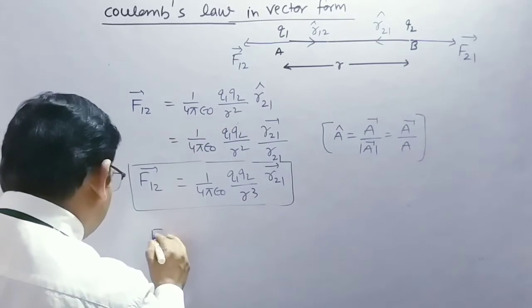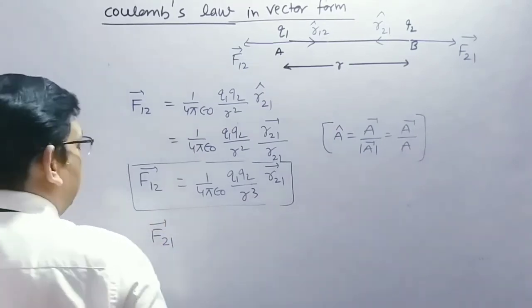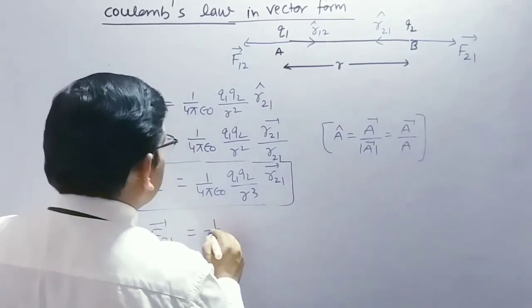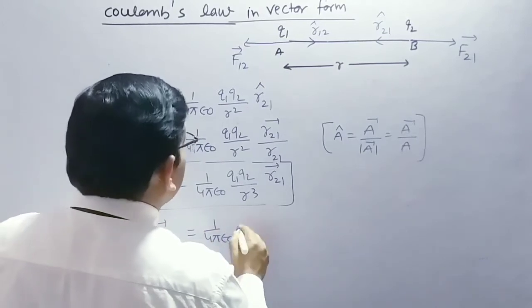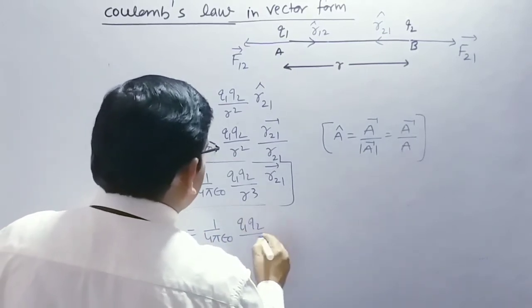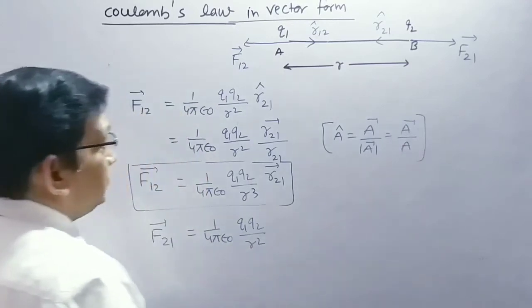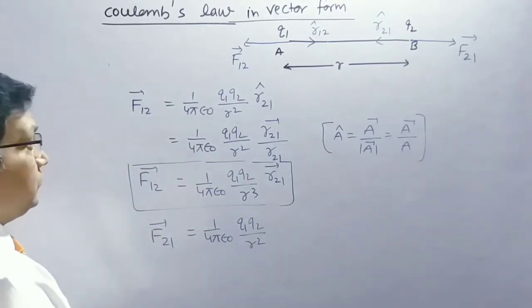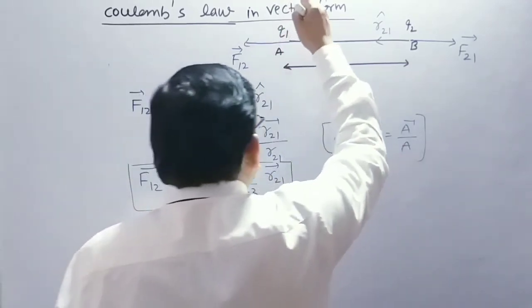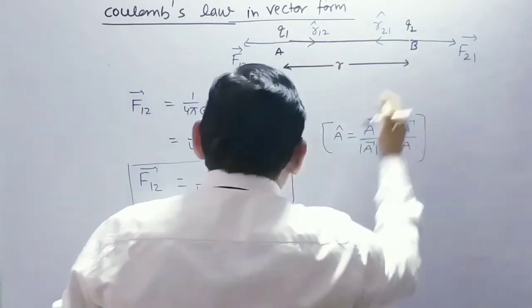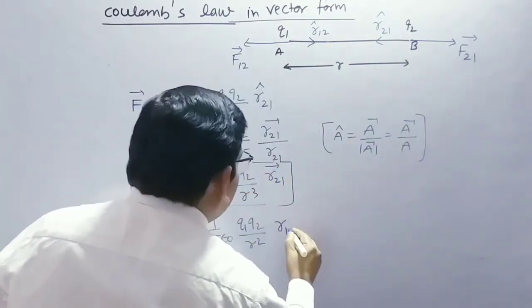Similarly, the force acting on 2 due to 1 can be written as 1 by 4 pi epsilon, Q1 Q2 by r square. What is the direction of this force? The direction of this force is from charge 1 to 2, so the unit vector would be 1 to 2.